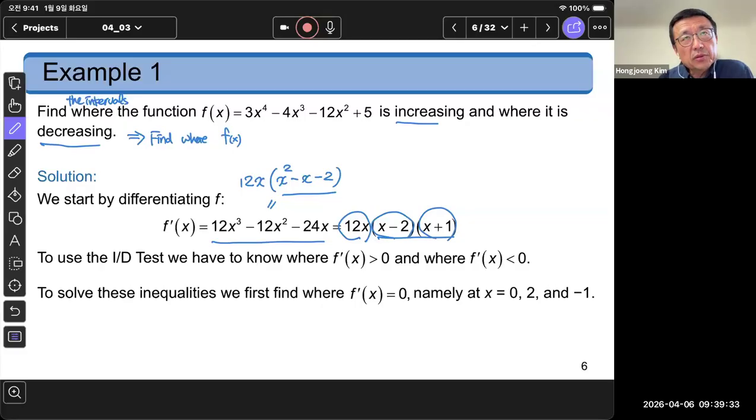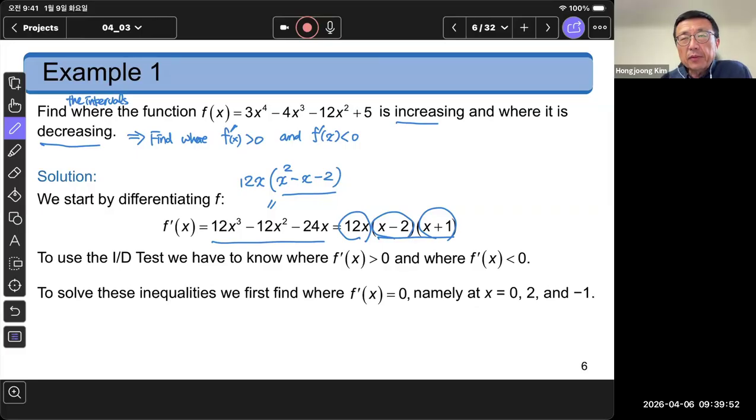And that is equivalent to saying that we want to find the intervals where f prime is positive and where f prime is negative. So we want to find such intervals, right?